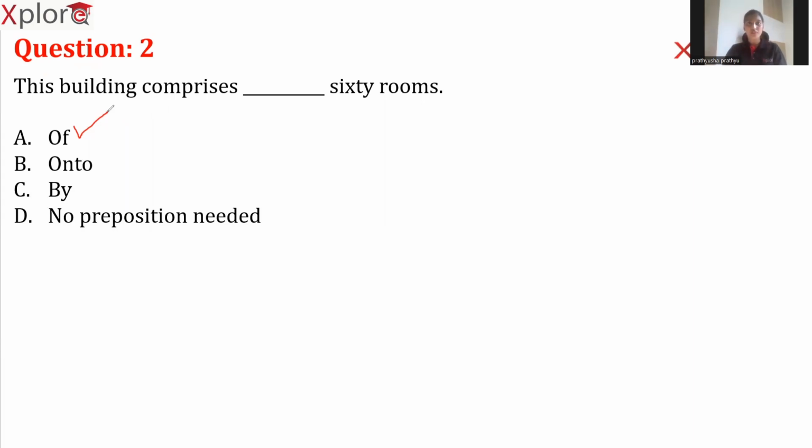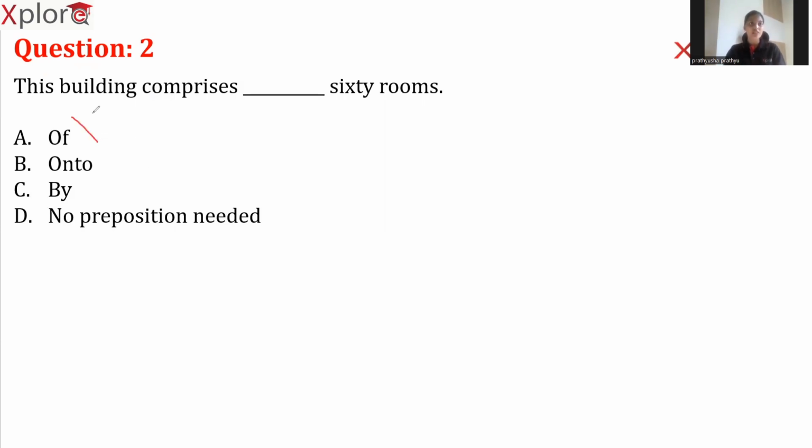The meaning of comprises is nothing but includes, or consists. So whenever we use this term comprises, we don't need to use of. But this is a general and common mistake most of the people make. So do not get confused here.